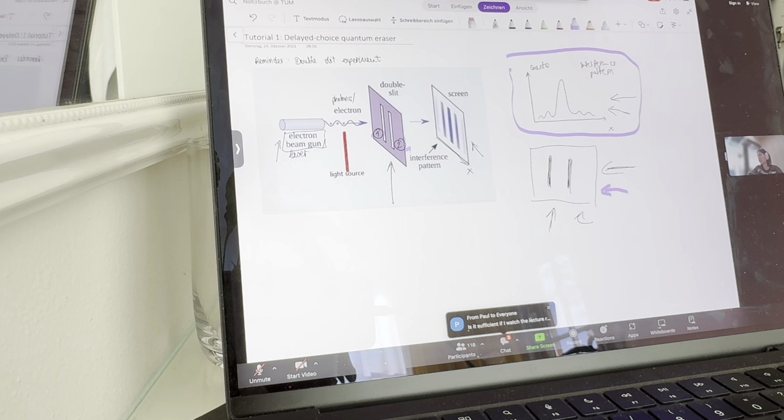Okay, will you share your notes that you are taking? I could share my notes, I'm just not so sure whether it's helpful, to be honest. I guess today I will not share it, maybe for tutorials where it's more about actual exercises, I can share if you wish. Is it sufficient if I watch the lecture recording from last year?